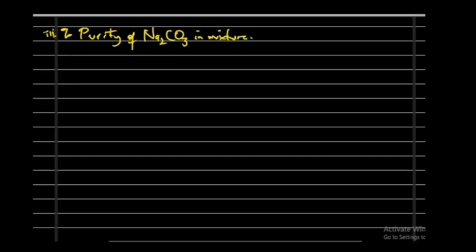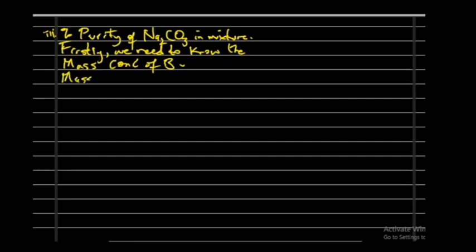So firstly, we need to know the mass of the B. We need to know the mass concentration of B. So to do that now, mass concentration equals molar concentration times molar mass.